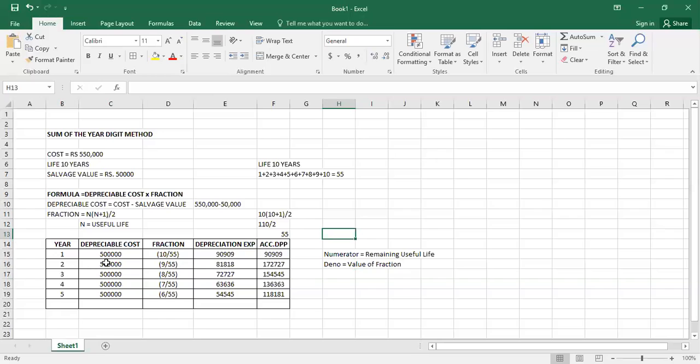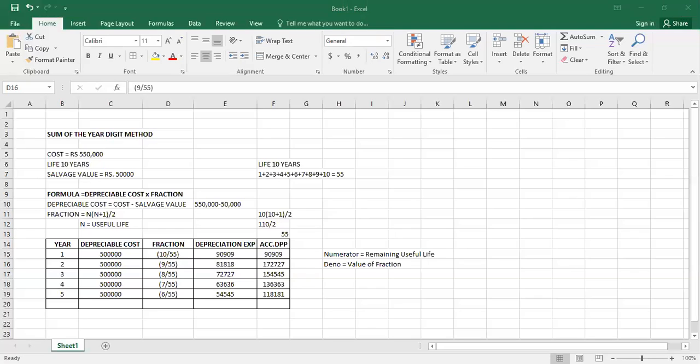So in the first year we have the estimated useful life of 10 years. So 5 lakh multiplied by 10 divided by 55, you will get 90909, and the accumulated depreciation is 90909. In the next year, depreciable cost remains the same, and the fraction will be 9 upon 55. Why 9 upon 55?